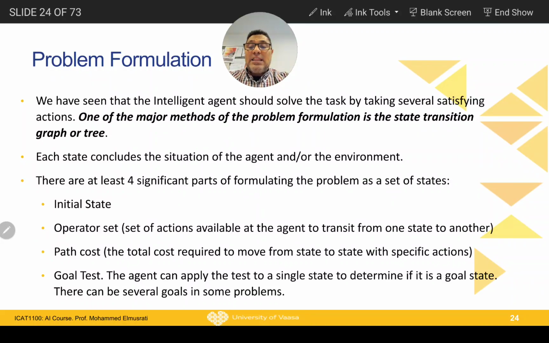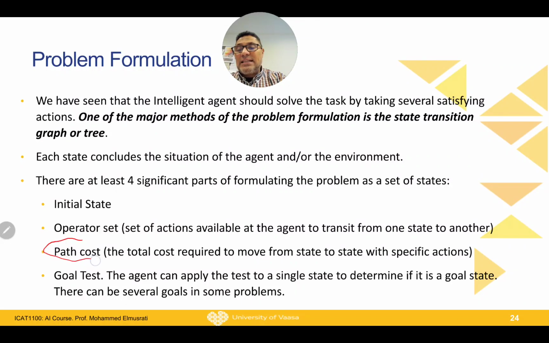Okay, and then we have the path cost. What is the path cost? The path cost is anything that, when we solve the problem, we need to reduce or minimize, or at least, if we cannot reduce it, we know that it is something not preferred. You can see the path cost as, for example, the time to move from state to state.